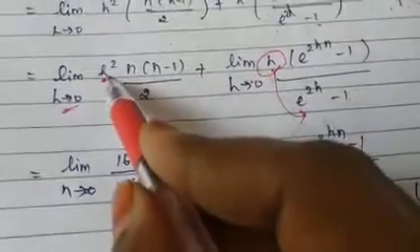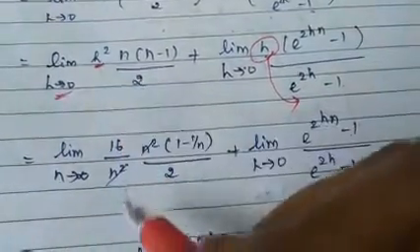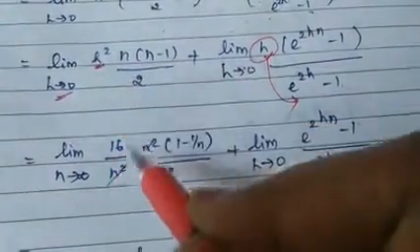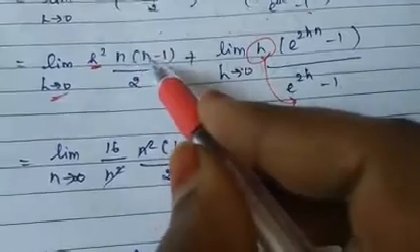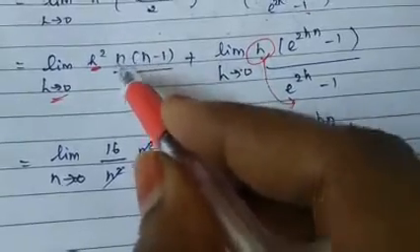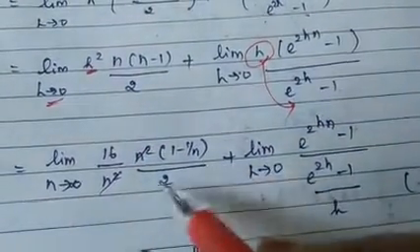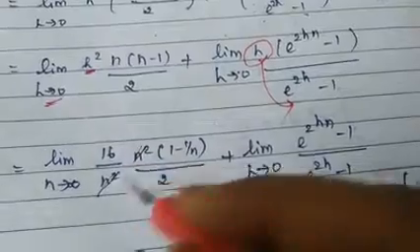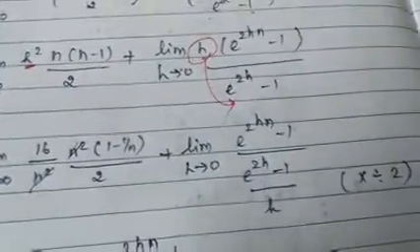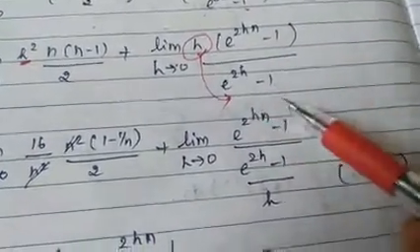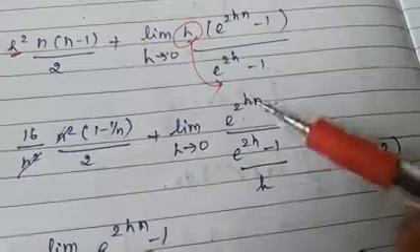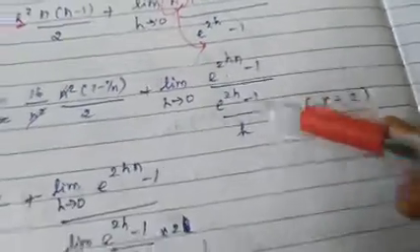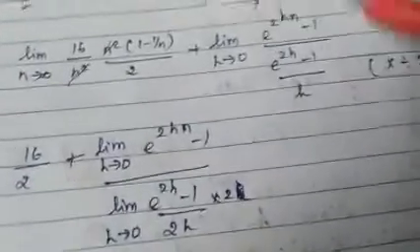Here h value is 4 by n, therefore when you substitute here you will be getting 16 by n square, and take n here outside as common, so you will get n squared into 1 minus 1 by n by 2. So this n squared should get cancelled. Now I have brought this h here. After that I have separated limit for both numerator and denominator in the next step.